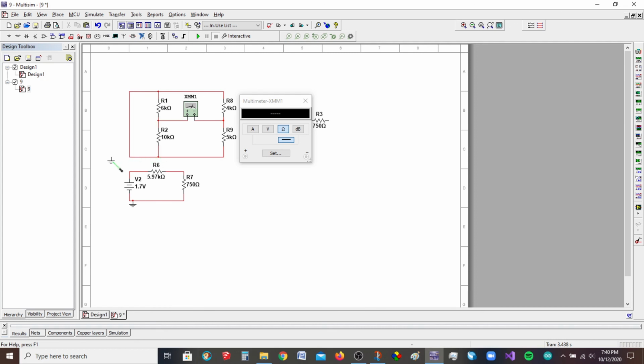Okay, I don't even think you need a... let's see what it does here. There we go, 5.97 kilo ohms. So I just measured the VTH and the RTH using Multisim. So super, super handy. So now I'm going to delete this. And I'm going to Control V my source back in.